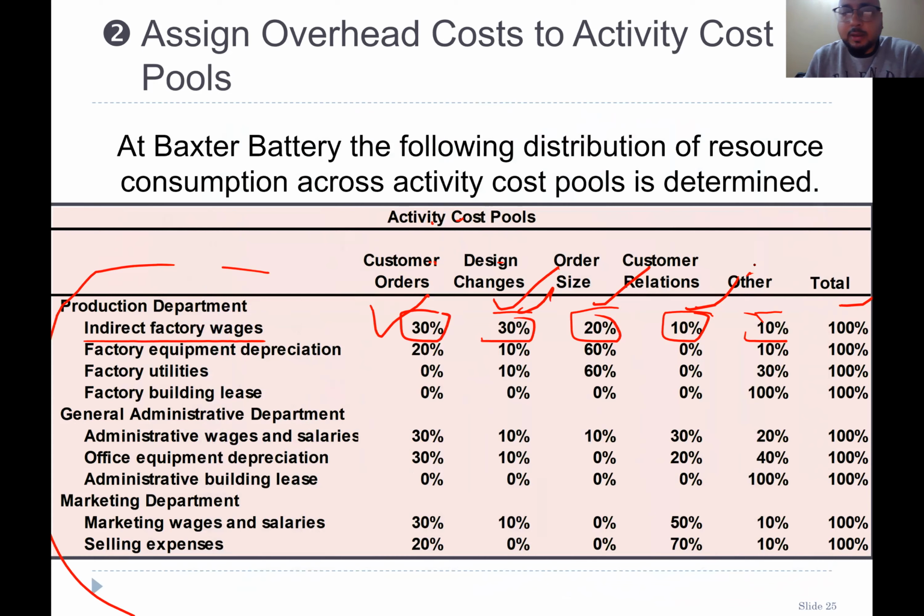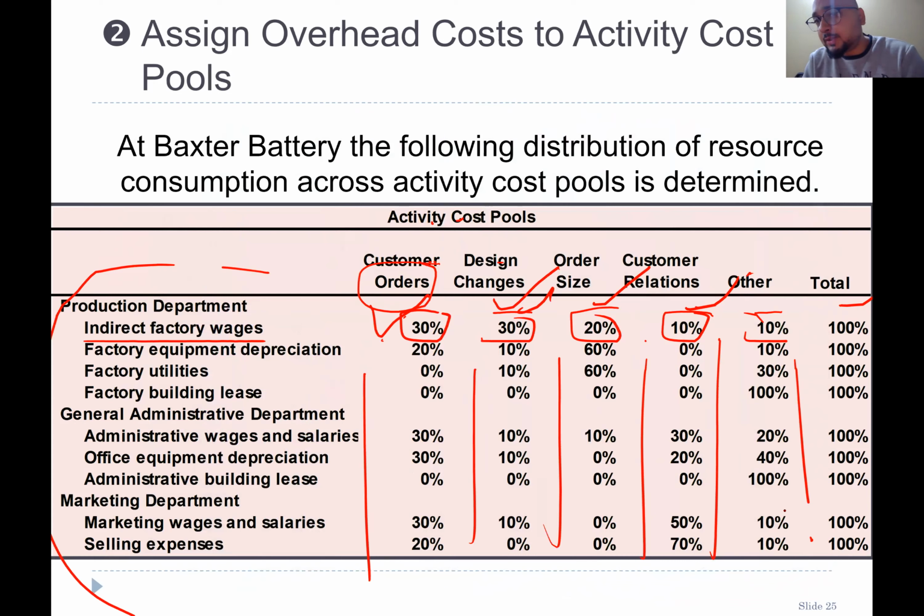They decide that indirect factory wages should contribute 30% to customer order. Lucky you, you will be given all these percentages. In advanced studies of management accounting, you will be required to find out where these percentages come from. But at this beginning level, you will be given all these percentages. So let's explore that.